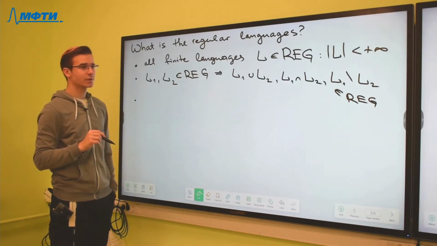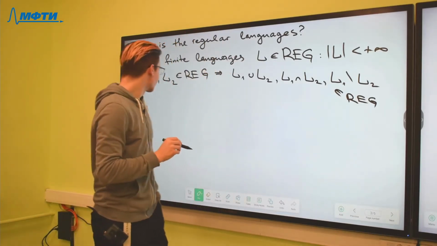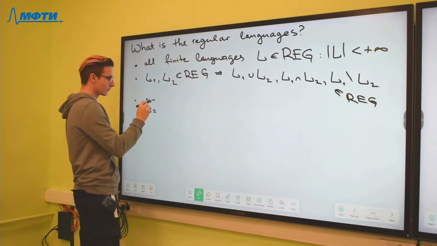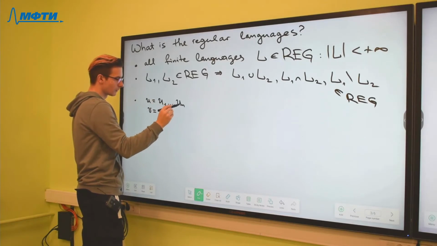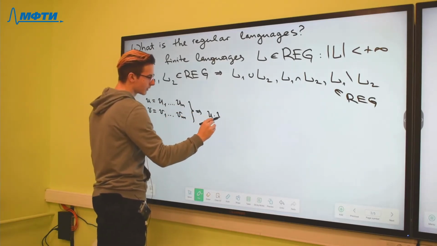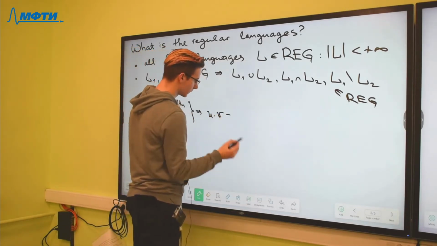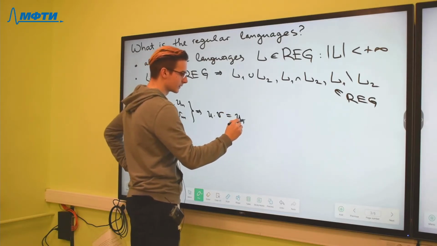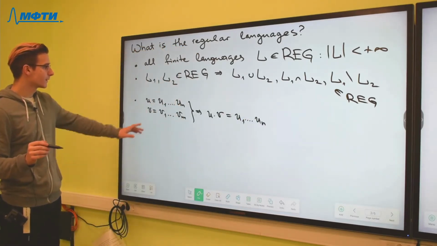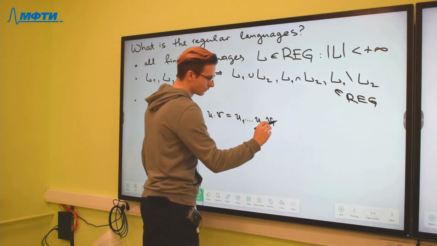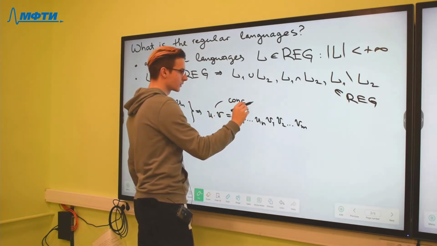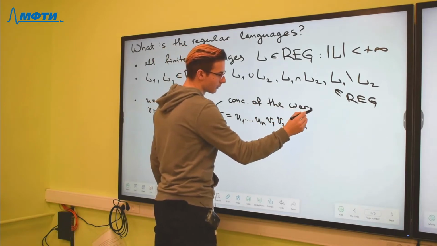And you know what is the concatenation of the words? It says that if we have two words u and w, then the concatenation of these words is equal to the sequence that starts with the word u and then continues with the word w.